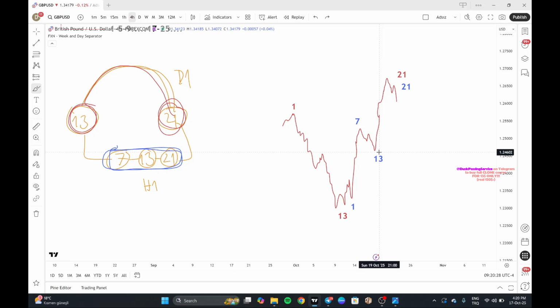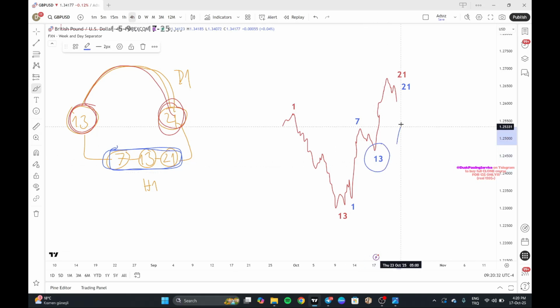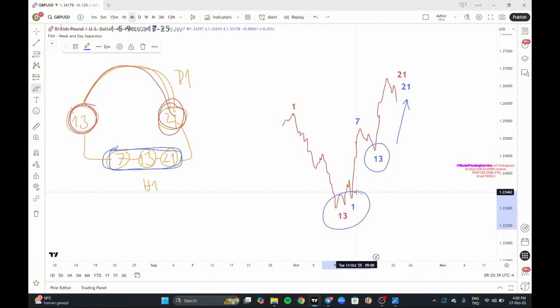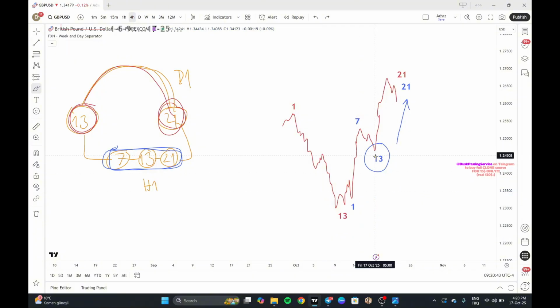So that's why you should anticipate a new expansion through the 21 in time. And reversal is here, and this is the new expansion. So this is when you shouldn't anticipate a reversal at 13, but a continuation on 13.